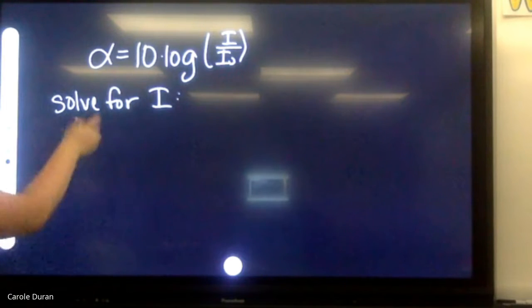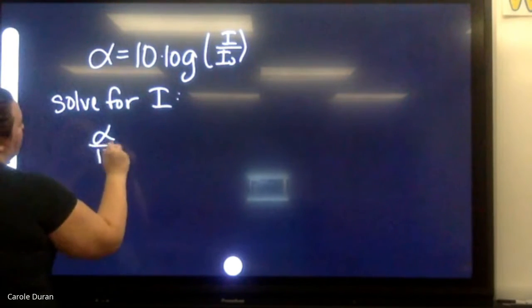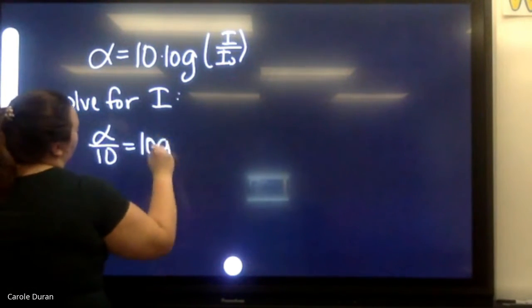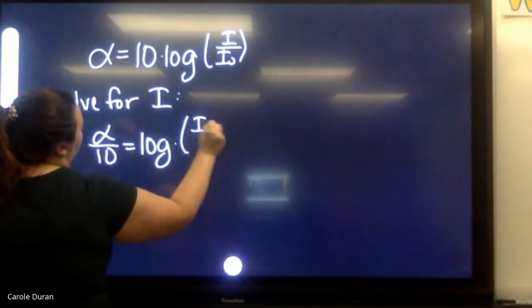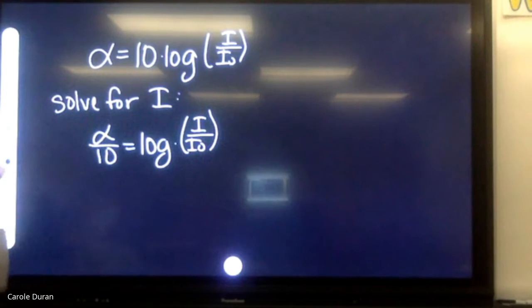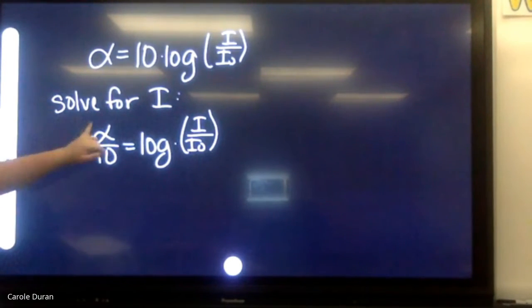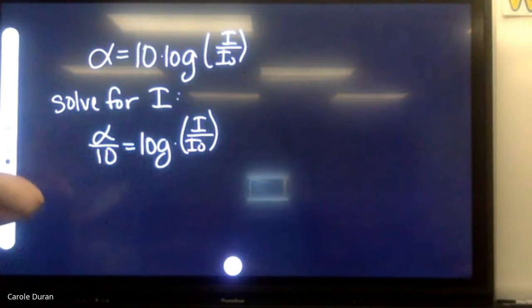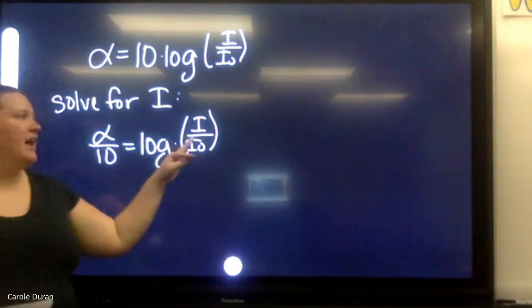First thing I need to do is divide the 10 out. So when I do, I can't remember what Greek letter this is, so I'm really sorry. Might be alpha. But this divided by 10 equals log of I divided by I naught. I recognize now that my variable, or what I'm trying to solve for, is not in the exponent.